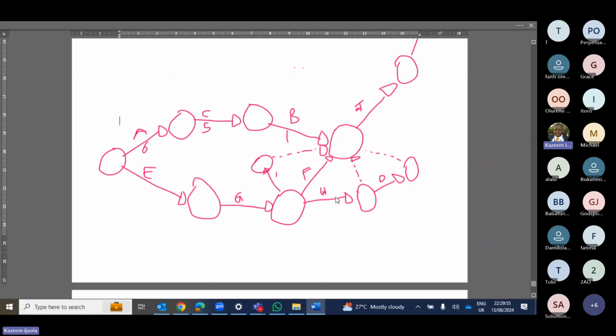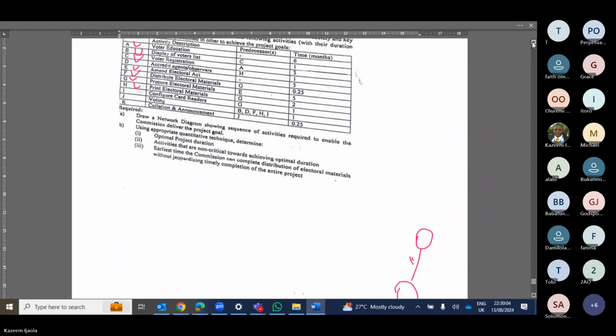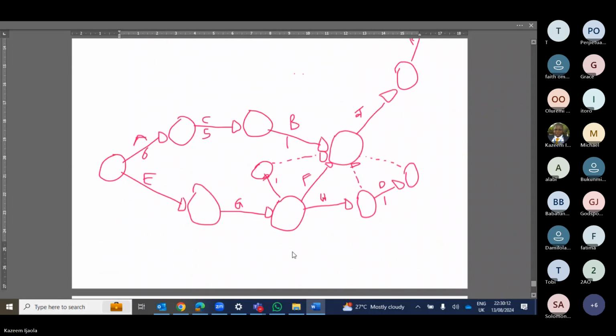Okay. Then E is what now? E is 5. F is 0.25.